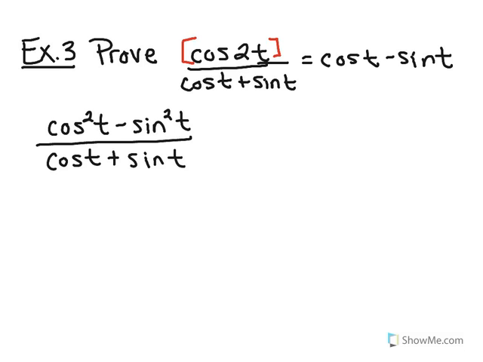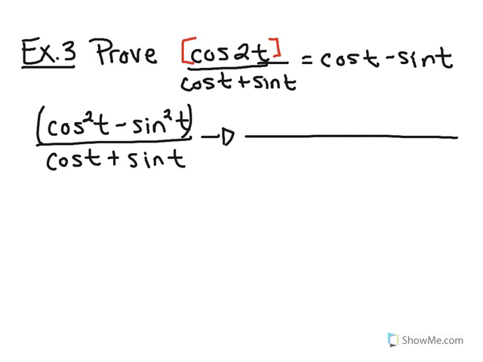So all of your rules of algebra are going to have to come into play here, and you're going to have to go back and access a lot of this in your head. I want you to take a look at the numerator right now, because I've practiced this many times, I notice this right here to be a difference of perfect squares. And so you're going to want to keep looking for those from here on out.